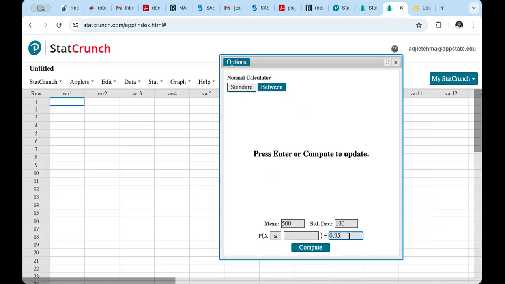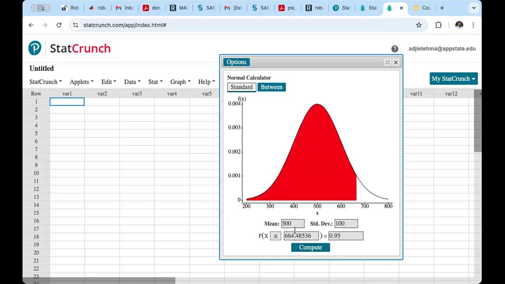Look, I didn't put the 0.95 here. I placed it here. That is how to use StatCrunch to compute the 95th percentile. When you do that, you hit compute, then it fills in here for you. So that is the 95th percentile of the SAT math distribution.